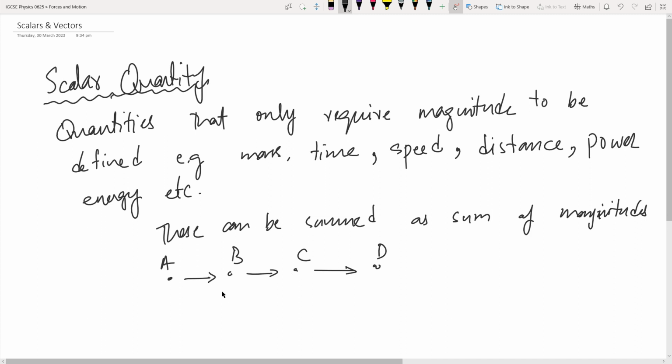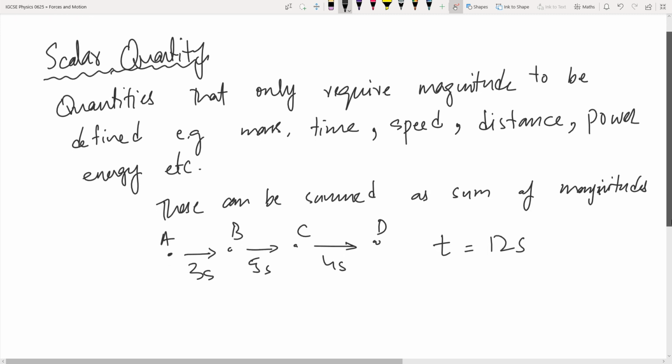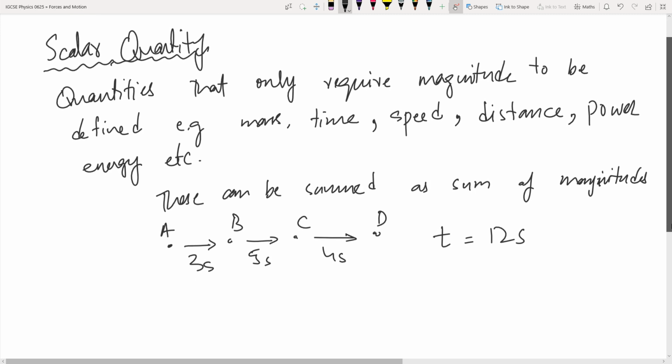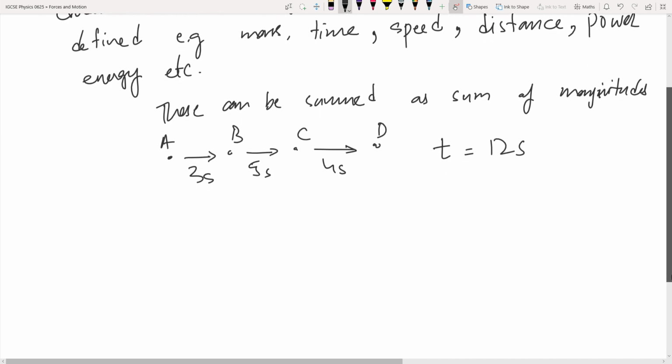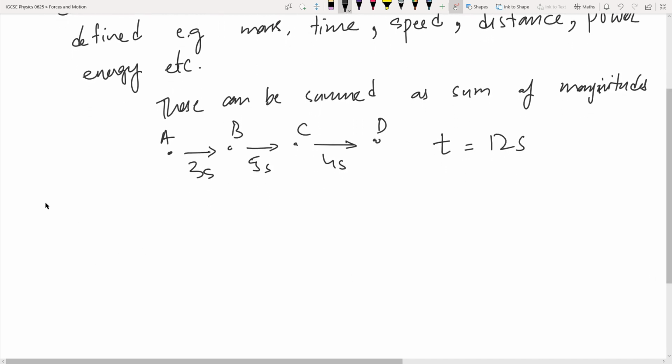As I said, direction doesn't matter, so I just do it in a linear fashion. It took 3 seconds here, 5 seconds here, and 4 seconds here. So that's a sum of actually 9 plus 3, 12. So total t is 12 seconds. We can simply sum them up, right? We don't need to worry about the directions for this. Any of these scalar quantities, mass, speed, time, distance, power, energy, we can just simply sum them up, or subtract the values depending upon what kind of calculation we're working with.